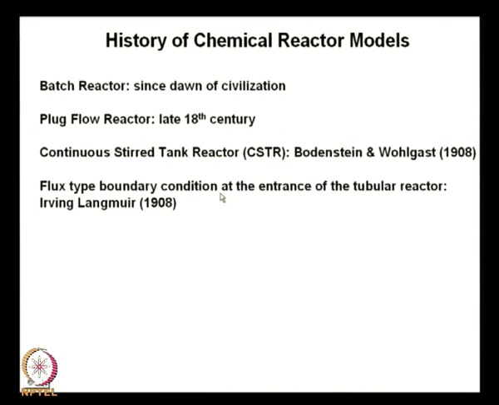The reason being, for us it might seem very mundane at this point of time to think of a flux type boundary condition, but think of somebody discovering it 100 years back, to come up with the concept that whatever is coming in through convection at one end equals what is going out because of convection and diffusion at the other end is quite a leap.